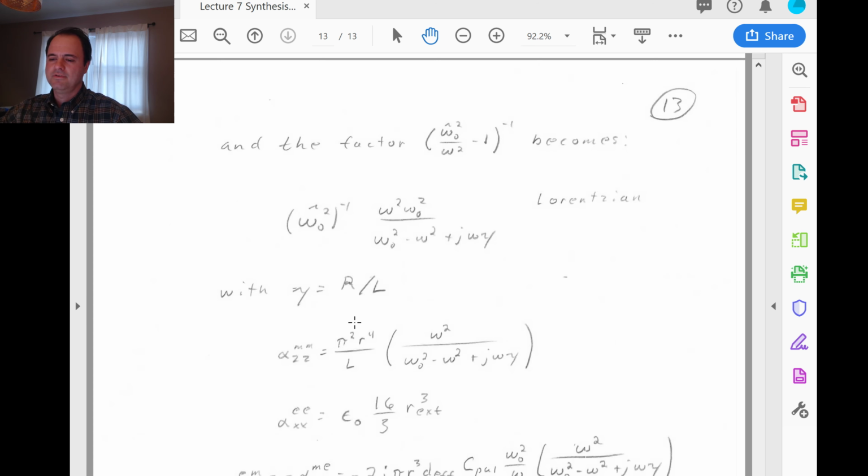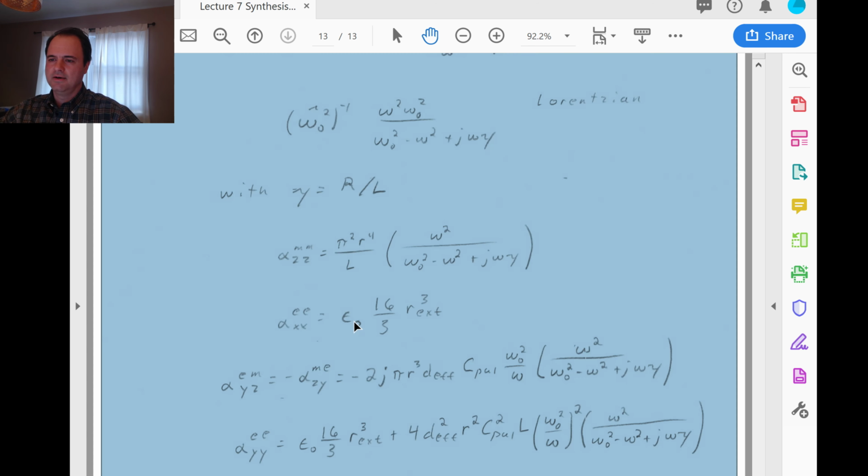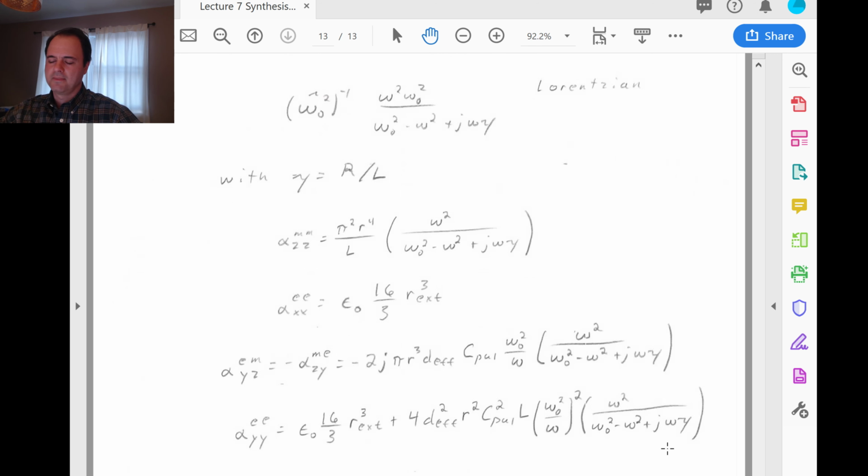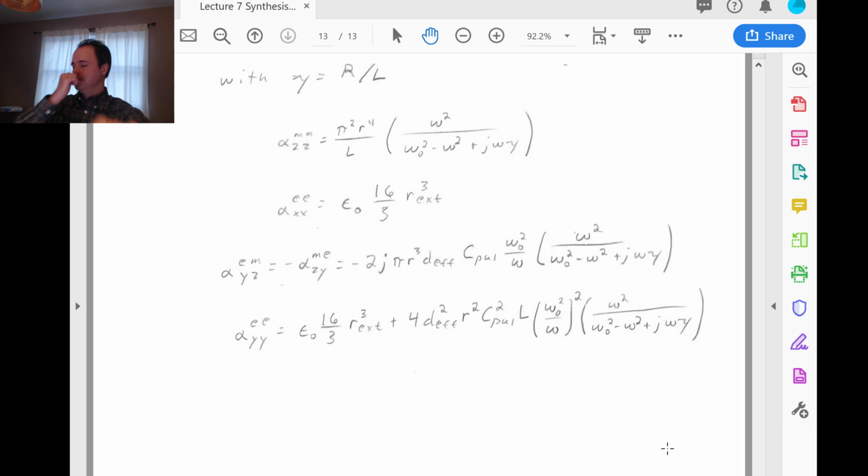All right. So the alpha terms have this Lorentzian form right here, here, here, and here. And so therefore those resonances are broadened out, but there's some absorption involved in the system. And so that's important.